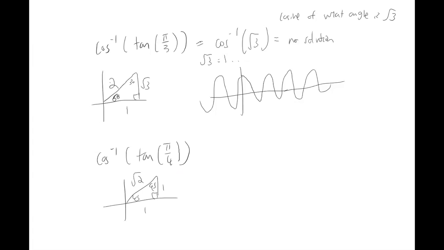So opposite over adjacent is 1. So it's cosine inverse of 1. Now you're asking cosine of what angle is 1? That's 0. Sorry for that mess up. I gave a bad example.